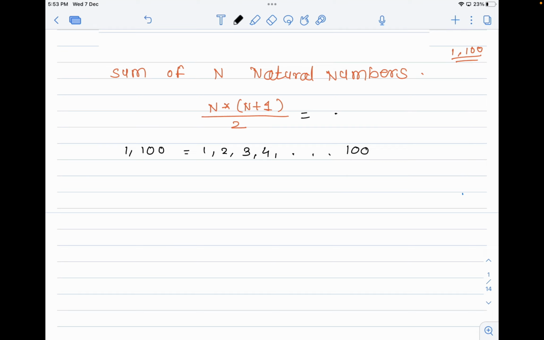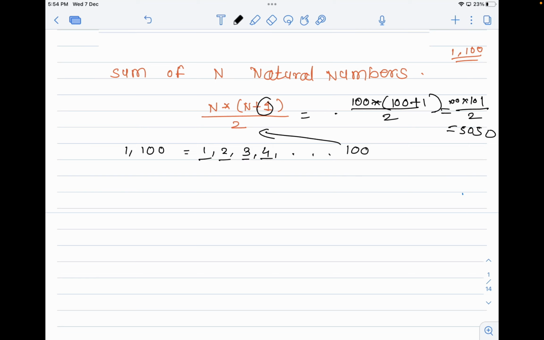That's why you could easily apply this: 100 into 100 plus 1 divided by 2 is 100 into 101 divided by 2, which equals 5050. Here your number is incrementing by 1.